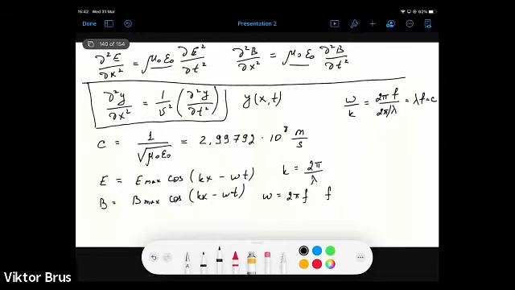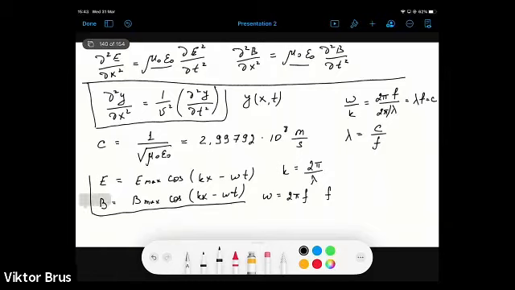In its turn, the wavelength lambda is defined as the ratio of the speed of the electromagnetic wave, in this case in free space, vacuum, divided by the frequency of the wave. So these main parameters of the wave functions, which describe the x and time dependence of the electric and magnetic field vectors, are defined.